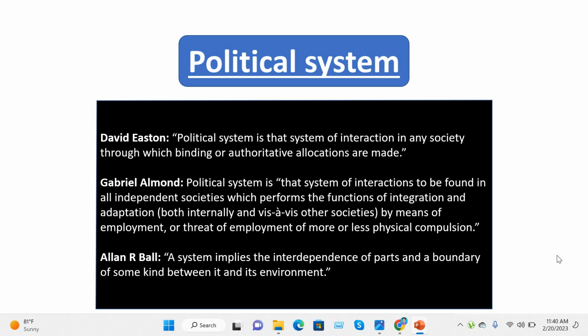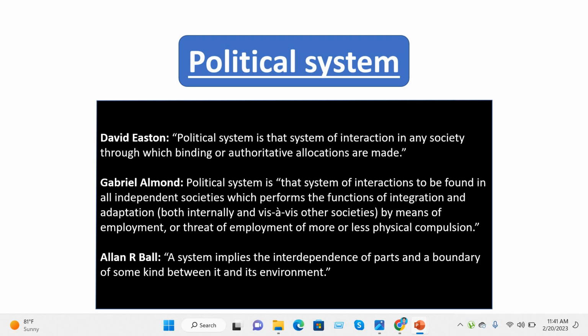Political system. David Easton says a political system is that system of interaction in any society through which binding or authoritative allocations are made.